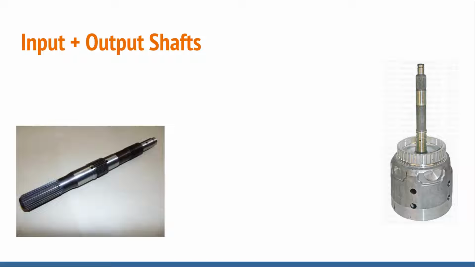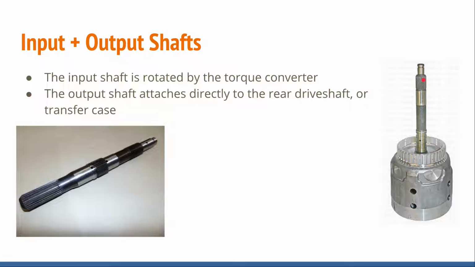Our shafts, input and output shaft. So now on this particular transmission, the input shaft is part of the input drum. You can see that. So again, this right here is going to be what sticks into the torque converter. The output shaft comes out of the transmission and attaches directly to the rear drive shaft or transfer case.